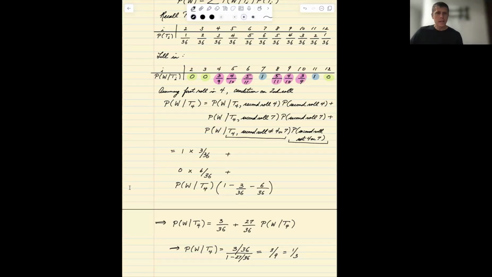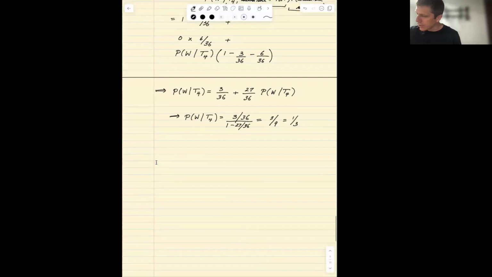So now we have the basic ingredients that we need. Then what's the probability of winning at craps?